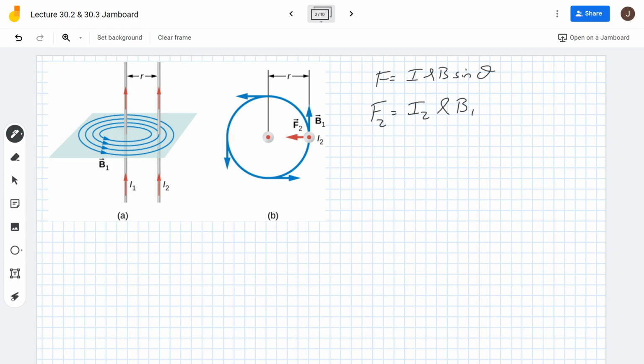If I take the result of the magnetic field due to a long current-carrying wire that I showed you on the previous page, we can put these two things together. So F2 is going to be equal to I2 times the length of the wire multiplied by the magnetic field produced by the current 1. So that's going to be μ0 I1 divided by 2πr.